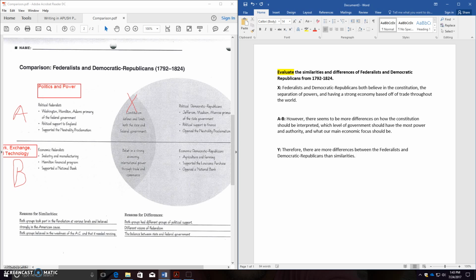So again, very straightforward. When you're writing this on your essay, you don't need to single out X, A, B, and Y. It would all be one paragraph. I just wanted to show you in this way to kind of break it down.